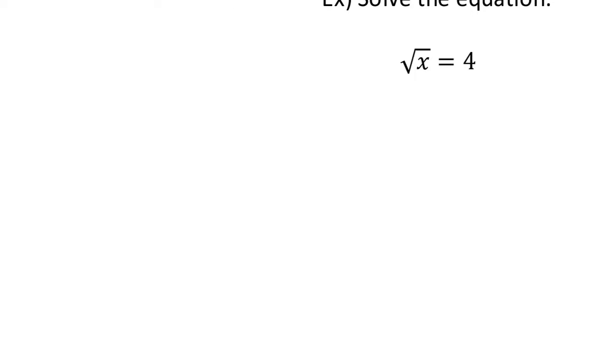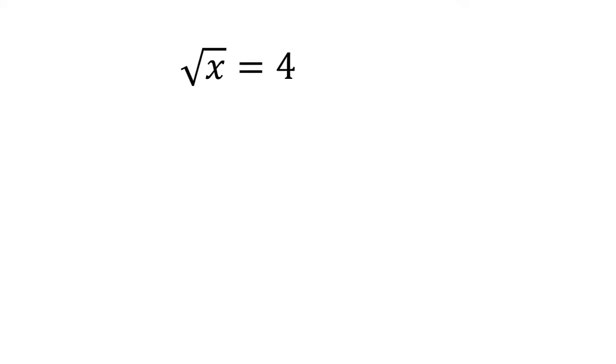All right, so I'm going to kind of move it over to the side. Sorry. All right, so if I look at our step number 1, it was to get the square root by itself on that side of the equal. So square root of x, do I have square root of x by itself on that side of the equation? Yes.